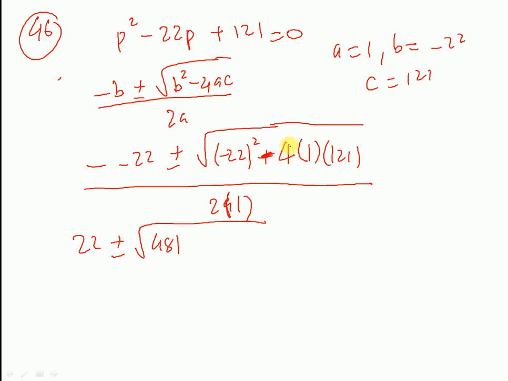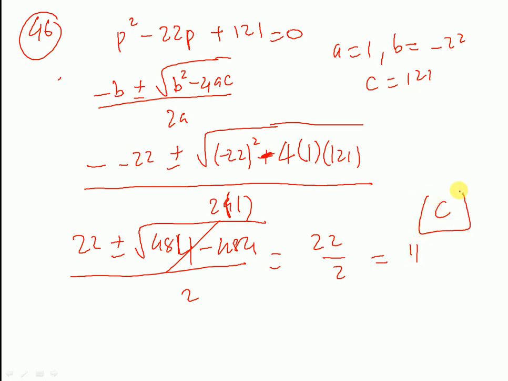Okay, let me do it again. Minus 22 squared is 484, and 4 times 1 times 121, that's also 484. 2 times 1 is 2. Now this thing becomes 0, so the radical is gone. I have only 22 divided by 2, or 11. This is simple, so it should be C.